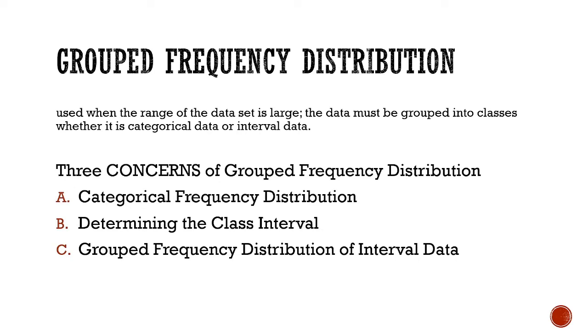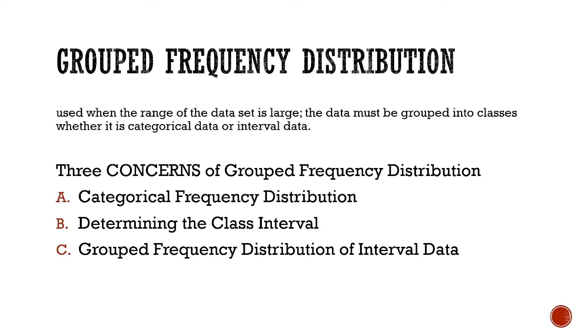By definition, group frequency distribution is used when the range of the data set is large and the data must be grouped into classes, whether it is categorical or interval data. Especially when it comes to a large amount of data, not just the range of the data itself.